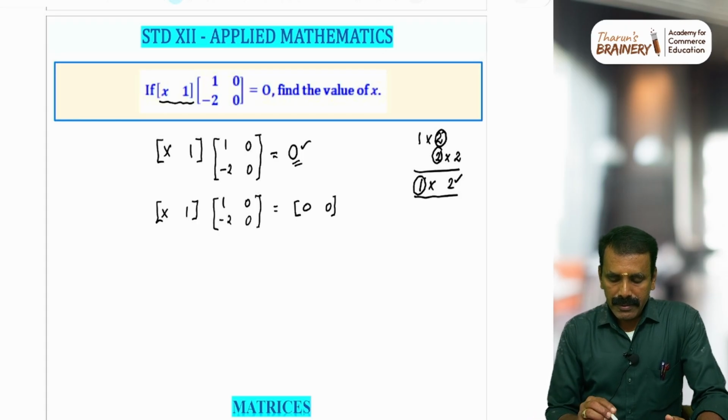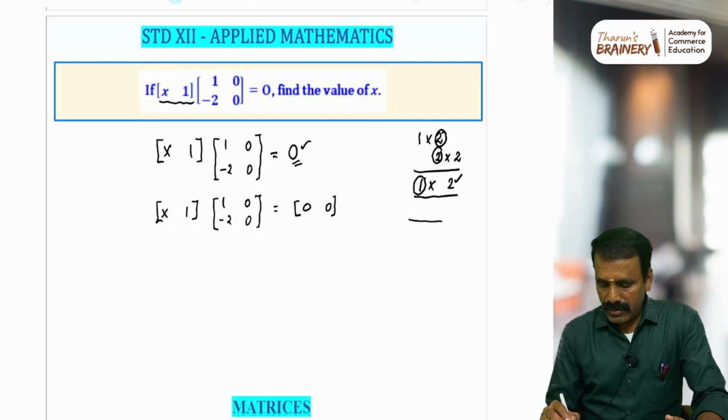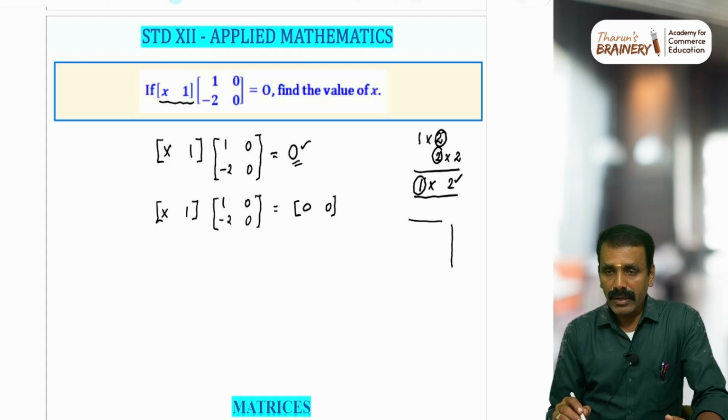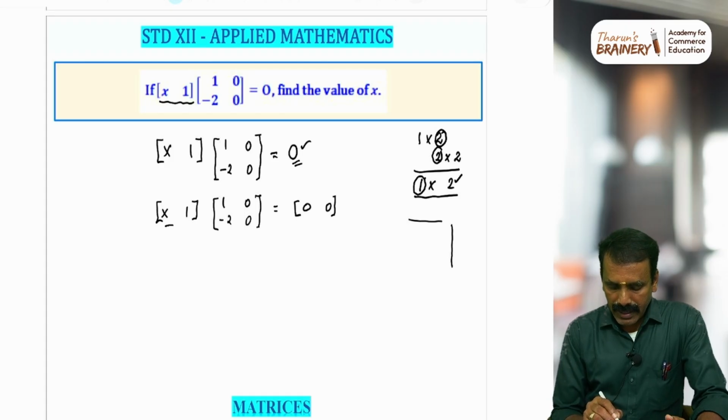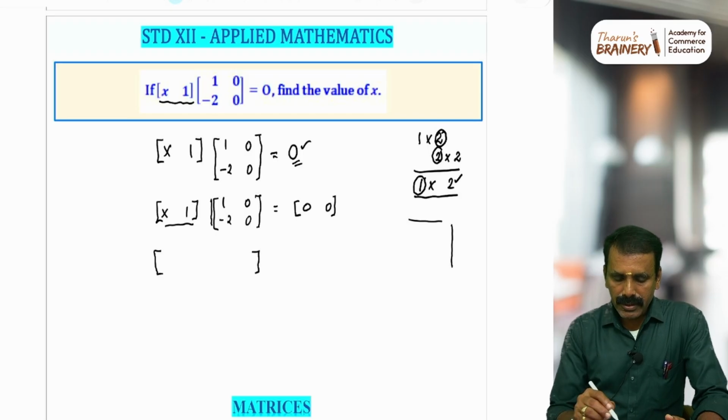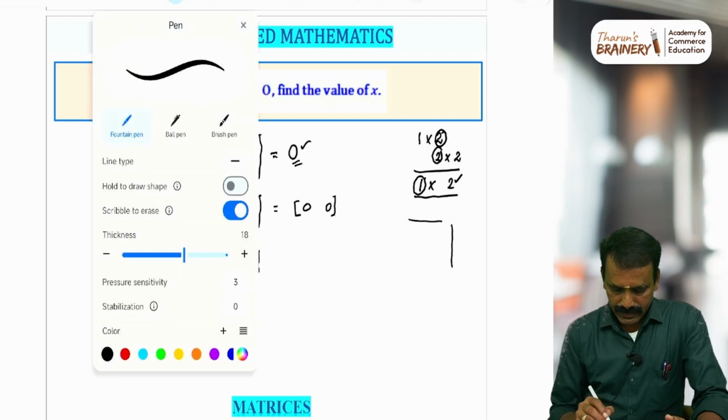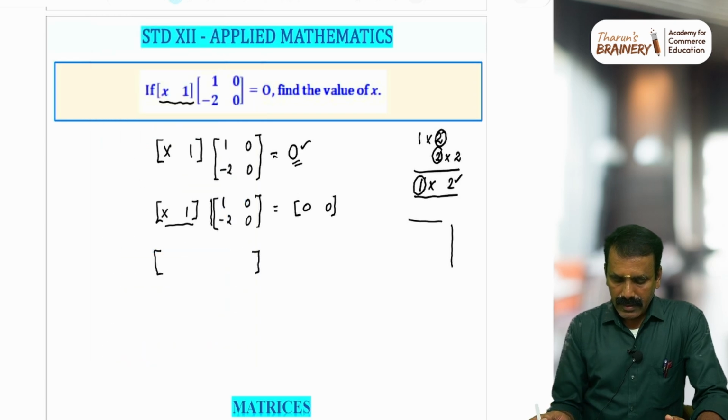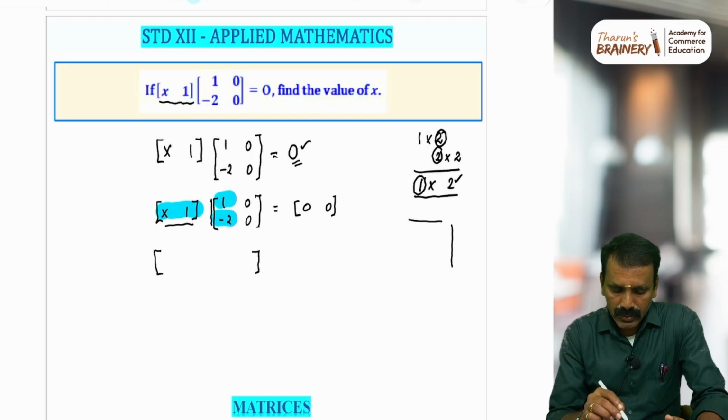Now, how are we going to multiply? For matrix multiplication, we have to follow the rule: the row elements should be multiplied with the column elements. So the first row is multiplied with the first column. How many elements do we have in this row? We have 2 elements, x and 1.